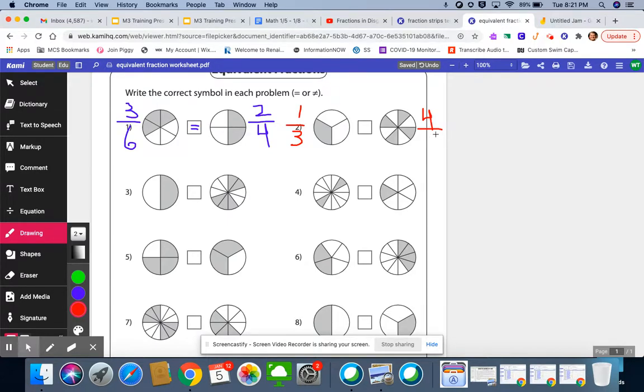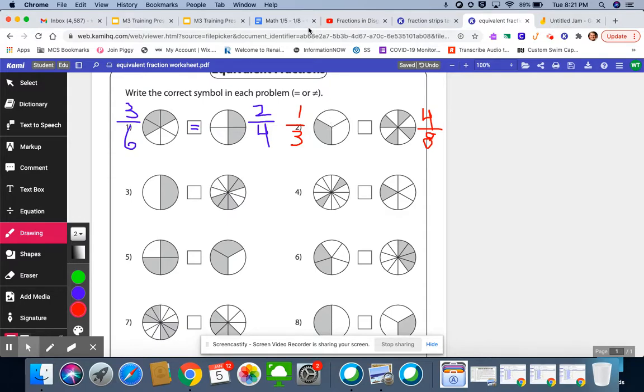Make sure my math's right. 8 total pieces. So if I put these together, 1/3 and 4/8, 4/8 is the same thing as half. If I move this piece here and this piece here, I have 4 that are shaded and 4 that are not. Well, this one is broken into thirds.